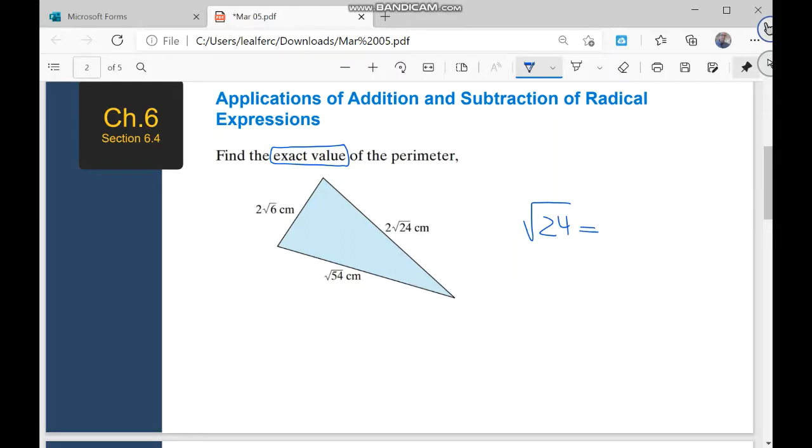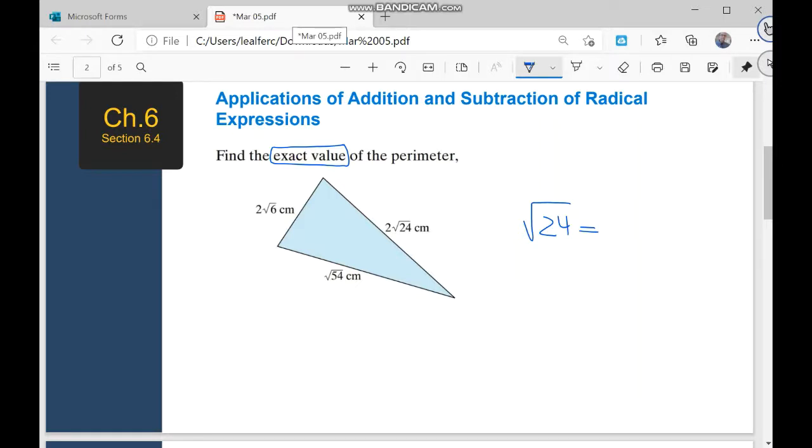And to find the exact value, the only thing you're going to do is simplify and find the square root that has no perfect square factors that you can factor out.